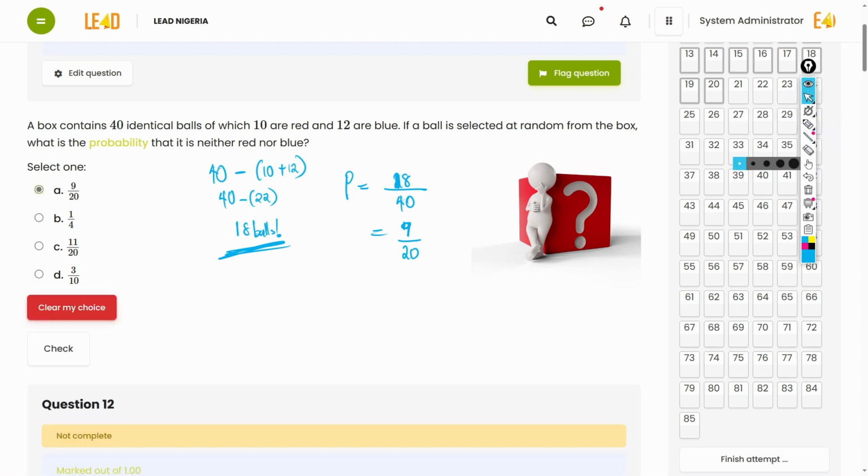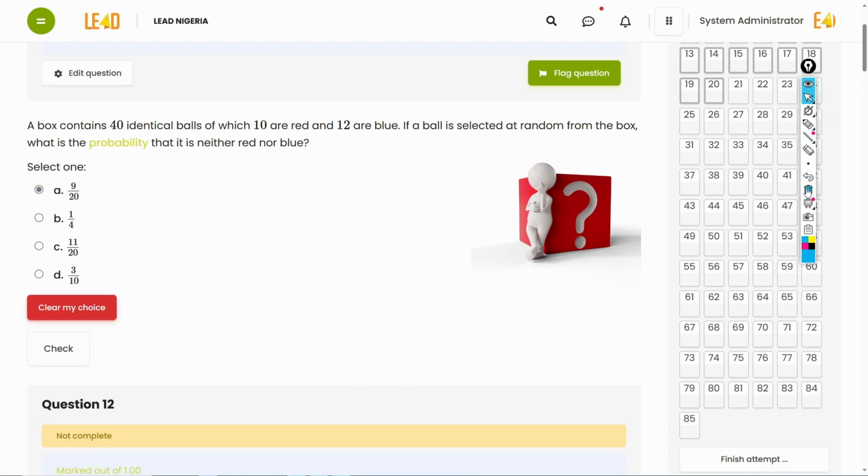Okay, and there's another way to do this. You could also do it using the probability of not something. Probability of not these two options would be 1 minus probability of either of them. So I can say probability of not red or blue will be equal to 1 minus probability of red or blue.